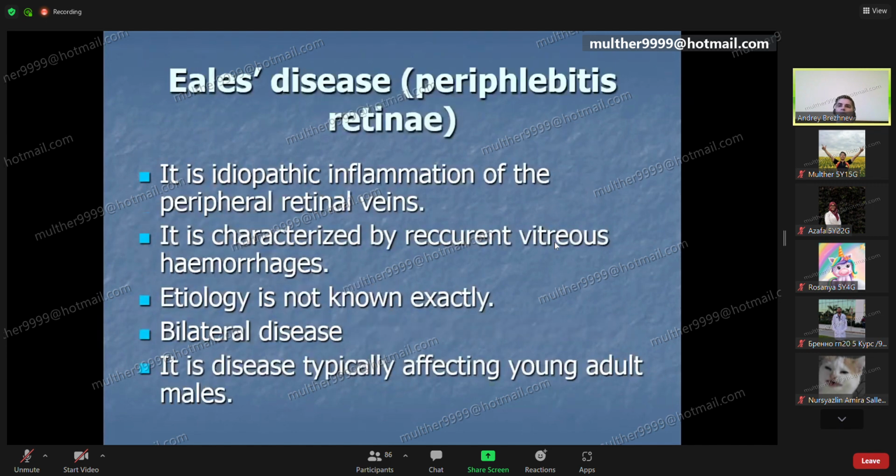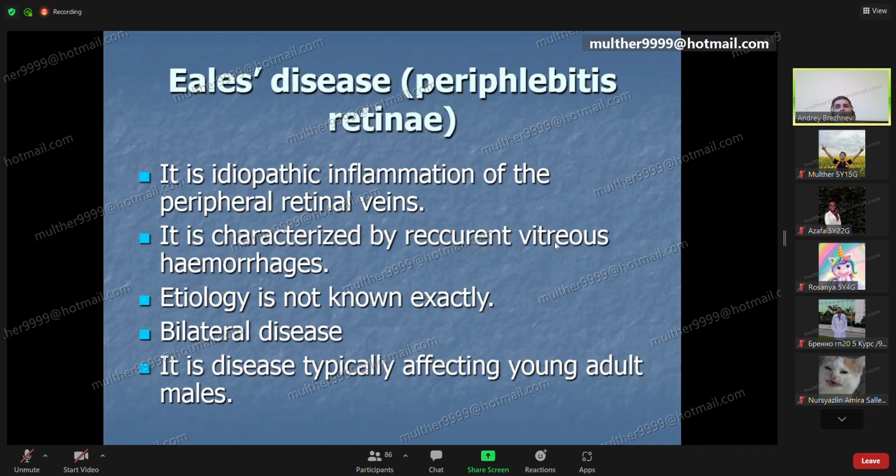One more severe disorder of the eye associated with retinal damage is Eales disease or retinal periphlebitis, inflammation around or near, or along the walls of the retinal veins. It is idiopathic inflammation of the peripheral retinal veins. It is characterized by recurrent vitreous hemorrhages.